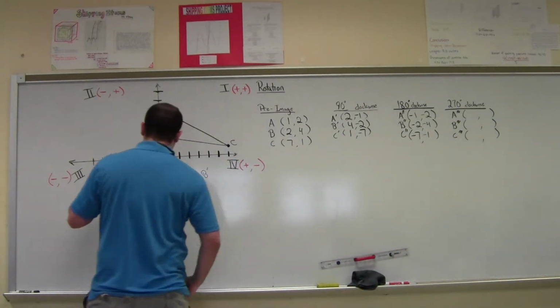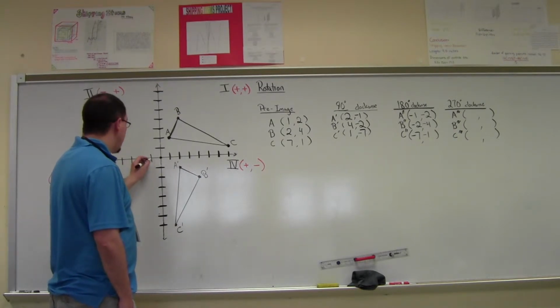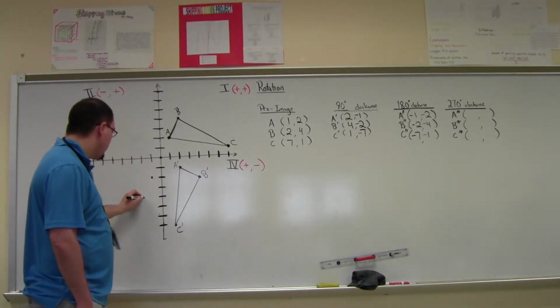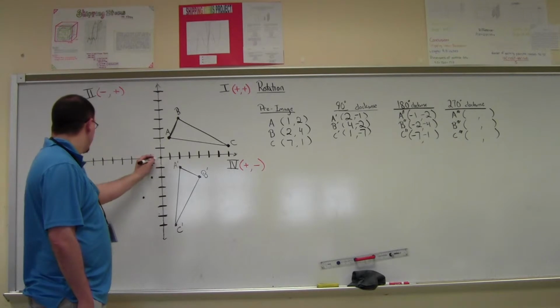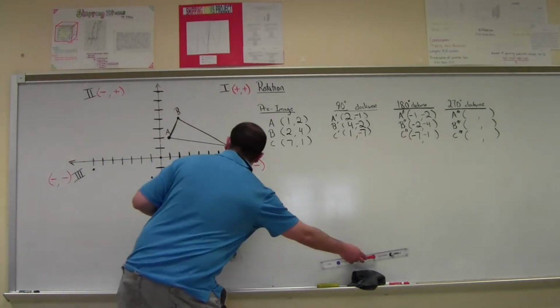So we're going to take negative 1, negative 2. We're going to take negative 2, negative 4. And we're going to take negative 7, negative 1. We take those three values.